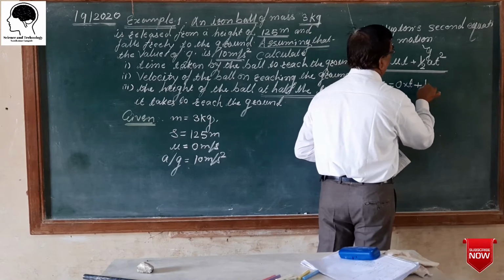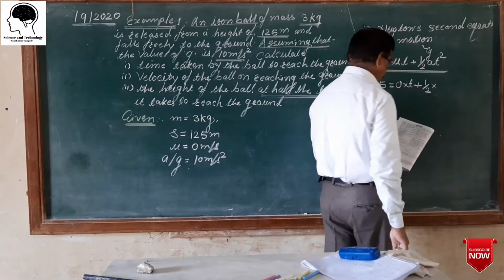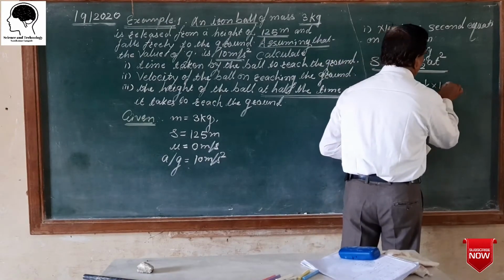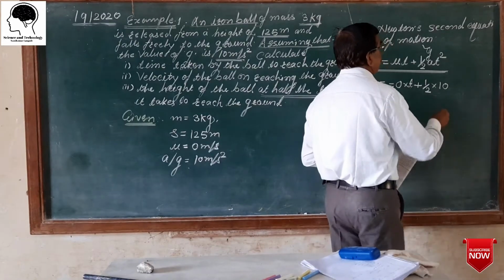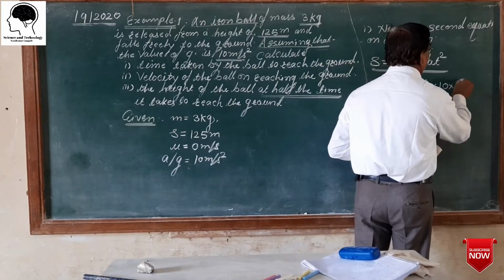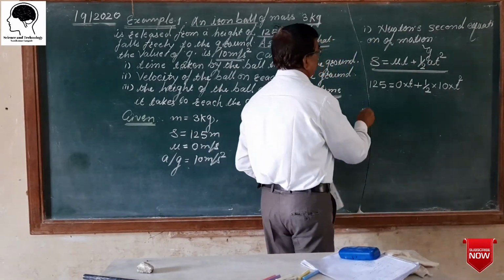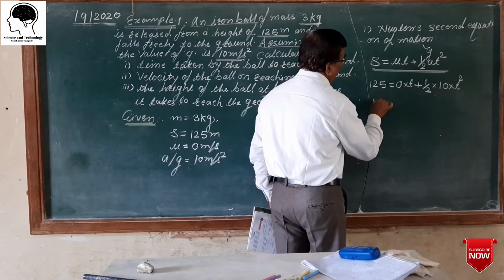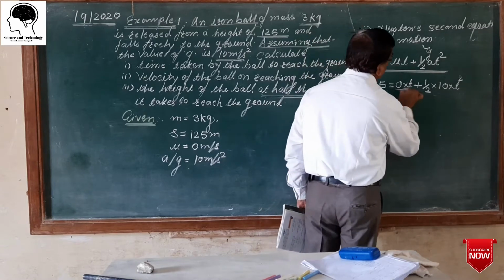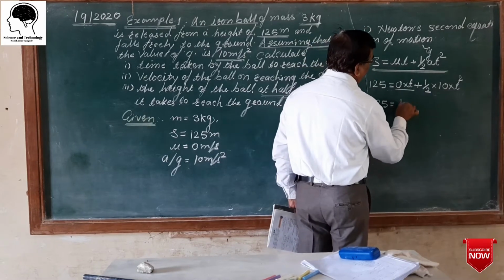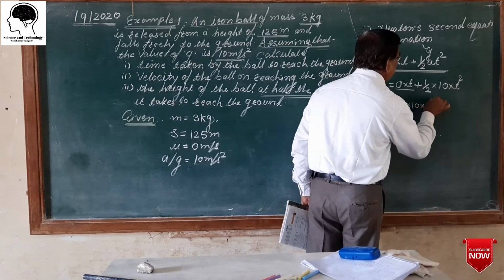Then 1/2 a, a means g, is equal to 10, they assume 10 meters per square second, into t square. 125 is equal to 0 plus 1/2 into 10 into t square.